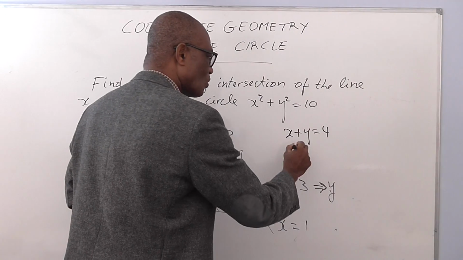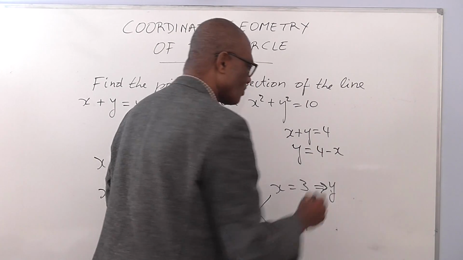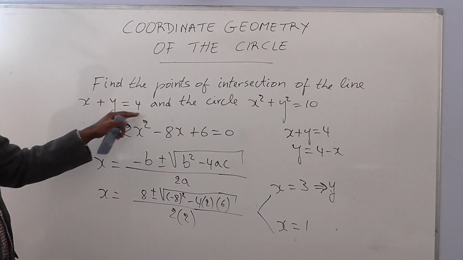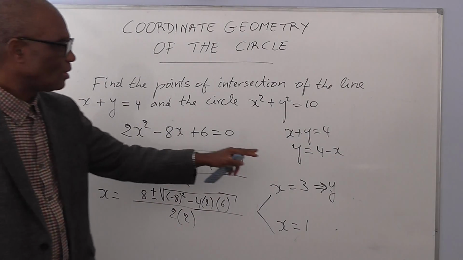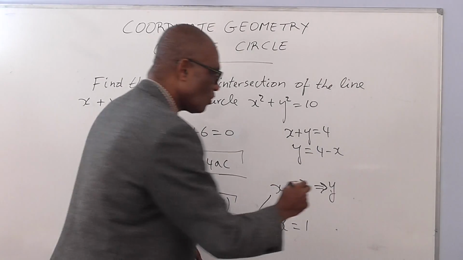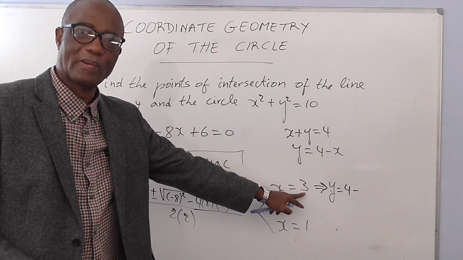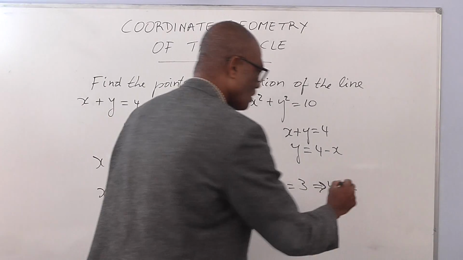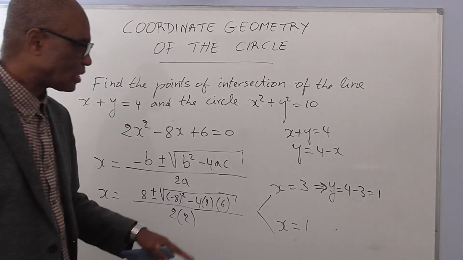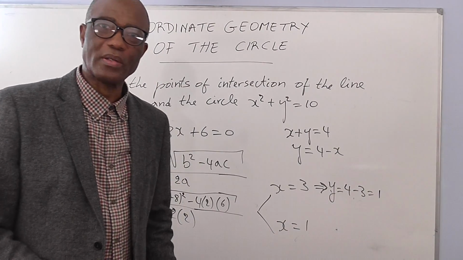Now y is equal to what? y is equal to 4 minus x. Our x is 3. So you get 1. So we see that if x is equal to 3, y is equal to 1.